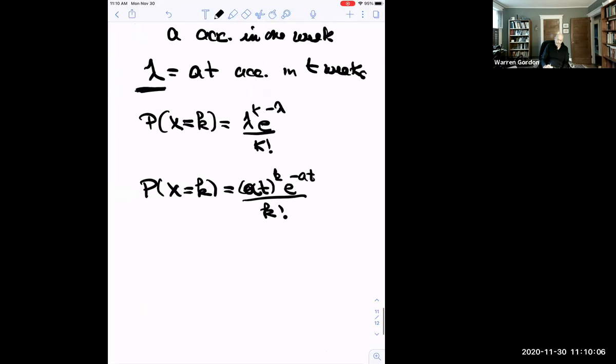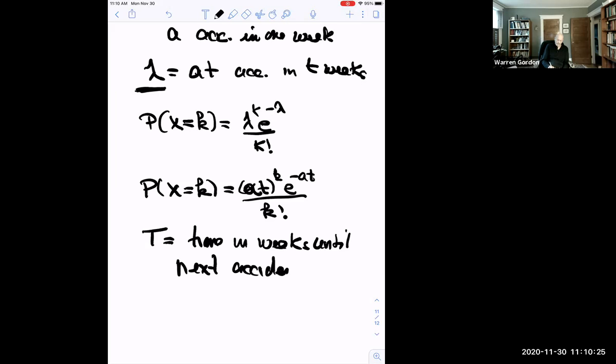So now let's get back to this problem. Let T equal the time in weeks until the next accident. Notice, whereas X was a discrete random variable, the time is a continuous random variable.